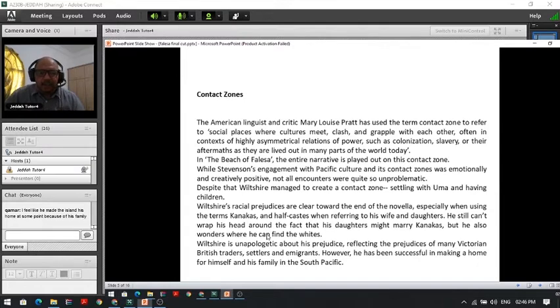And this is where cultural exchange takes place, on the literal level, the physical exchange of goods and commodities, and also cultural exchange in terms of ideas and relationships. And we have seen that enacted and happening in the novella, right?